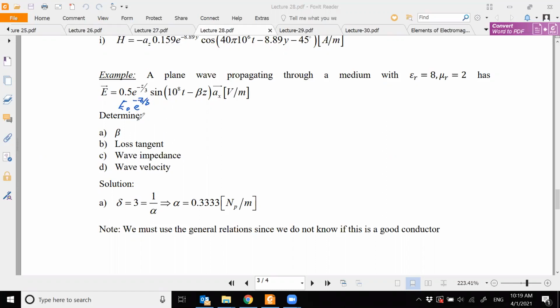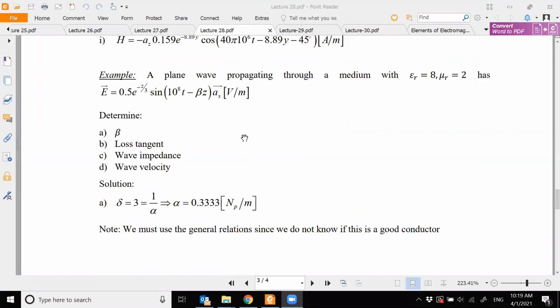So from here, I can easily say that my delta is 3. And therefore, my alpha is 1 over delta, which is 0.33 nepers per meter. Now, the second thing, if you notice, we need to be careful here because your electric field is in sine, not cosine. When we do the comparison, we always need to go for cosine.